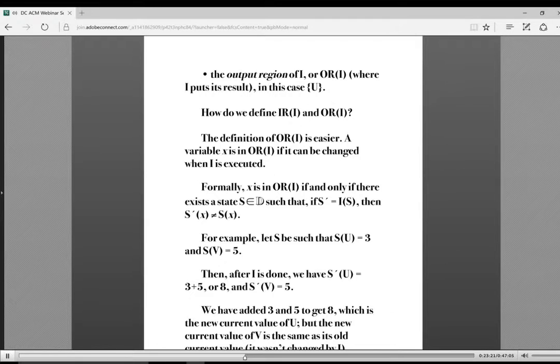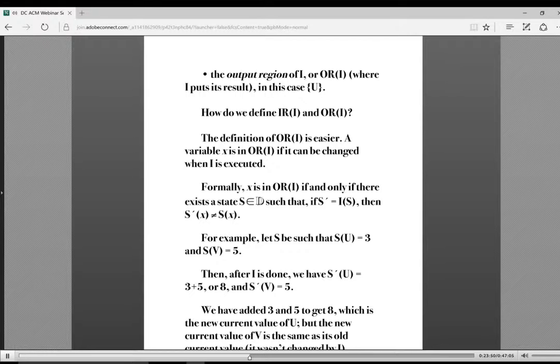The definition of OR of I is easier. A variable x is in OR of I if it can be changed when I is executed. Formally, x is in OR of I if and only if there exists a state S in D such that if S prime equals I of S, then S prime of x is not equal to S of x.